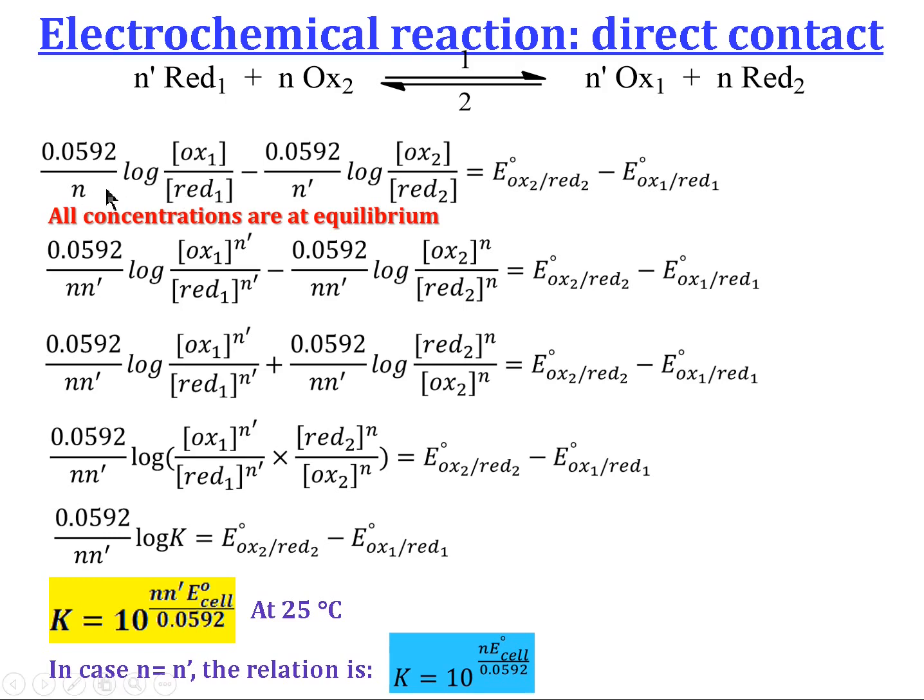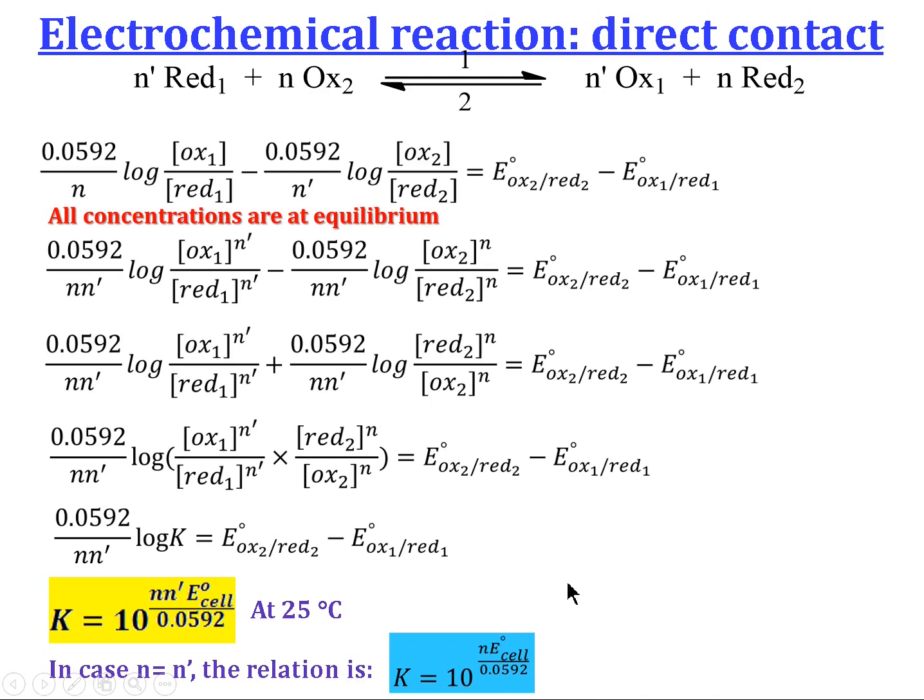So in this case, when n equals n prime, the relation is K equals 10 to the power n E0 of the cell divided by 0.0592, where n is n or n prime, since n and n prime are equal.